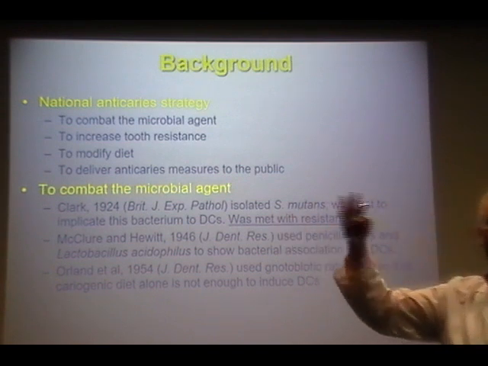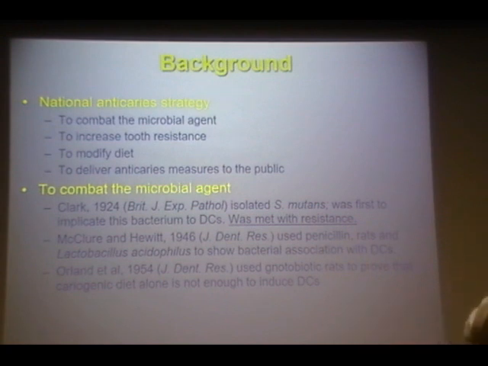And so a lot of individuals, colleagues of mine, at the University of Florida, Pennsylvania, and some others, came out with whole notions of vaccine candidates. Why? Because they were working on identifying the virulence factors of cariogenic bacteria. So to combat the microbial agent, to increase tooth resistance, well, obviously fluoride does that.